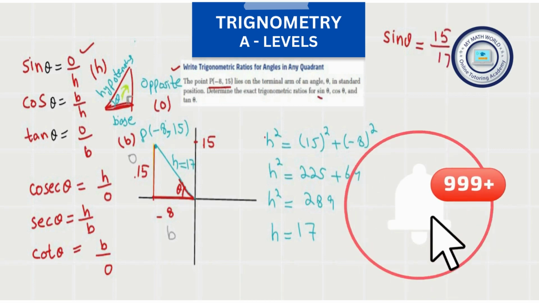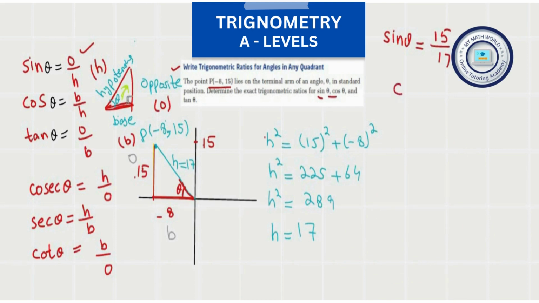Then the next task is to do cos theta. The formula for cos theta is base over hypotenuse, and in the triangle base is -8 and hypotenuse is 17. So let's write the 17. The third thing that we have to do is tan theta.